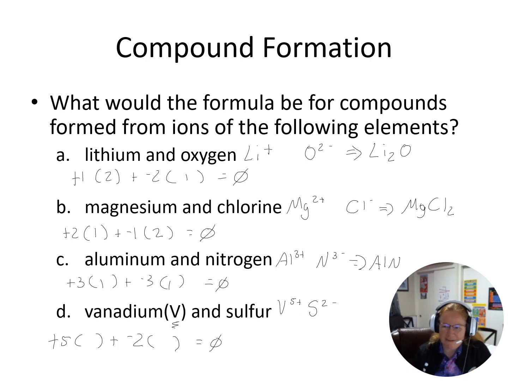Okay, so 5 and 2, the number they both divide into is 10. So 5 times 2 gives me 10, and 2 times 5 gives me 10. All right, so I need 2 of the +5 charge. Okay, and I need 5 of the -2 charge. Okay, so I get V2S5 there.